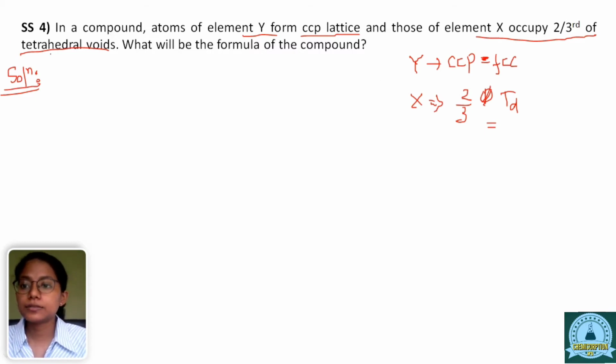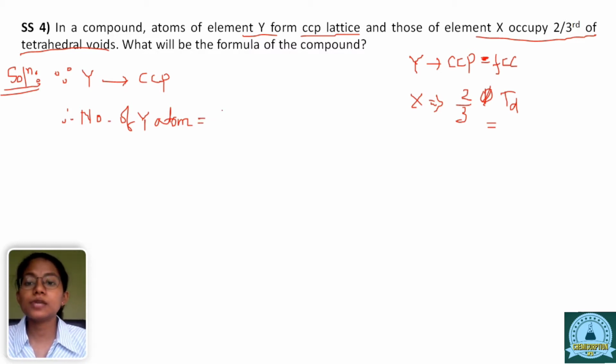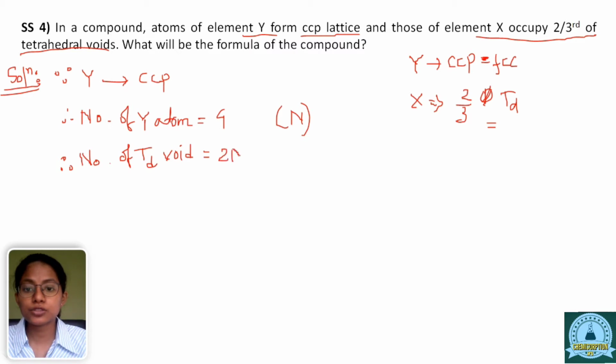Simple. Since Y forms the CCP structure, therefore the number of Y atoms in the unit cell is equal to 4, right? And therefore the number of tetrahedral voids: if we consider the number of atoms as n, then the number of tetrahedral voids is twice n.